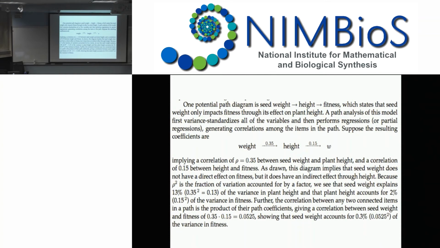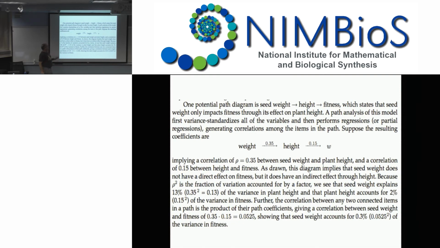Here's an example of how a path diagram would work, a very simple example. In a path diagram, single arrows imply assumed causality. So weight affects height. Double-headed arrows say we don't know, these traits are correlated, I'm not sure how. In this example, these path coefficients turn out to be correlations. So the correlation between weight and height is 0.35, and the correlation between height and fitness is 0.15.